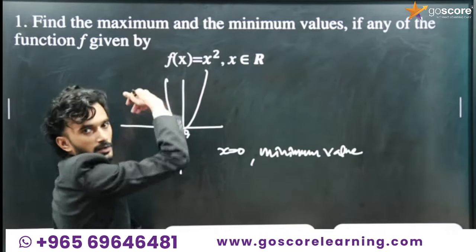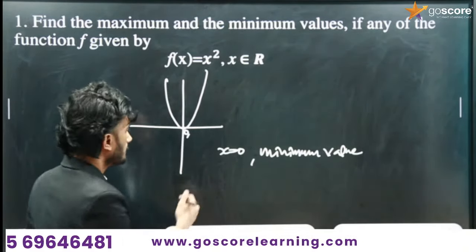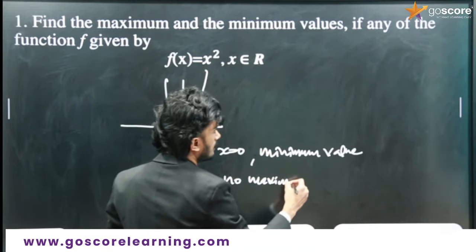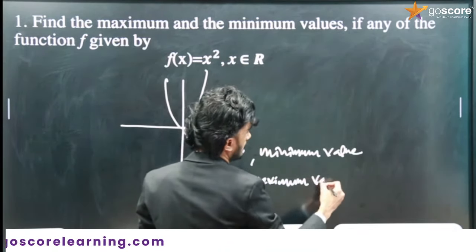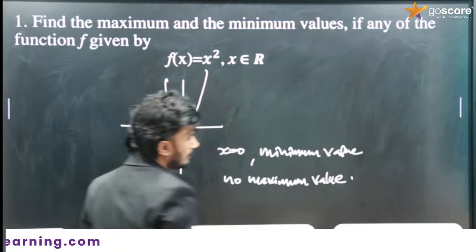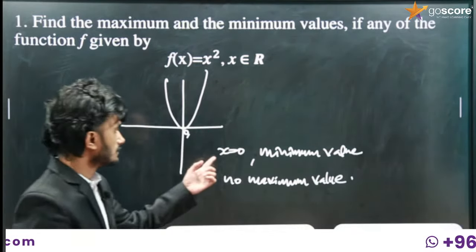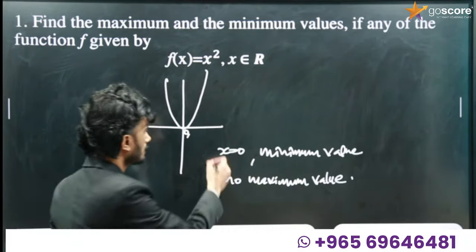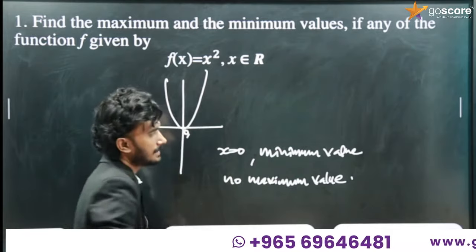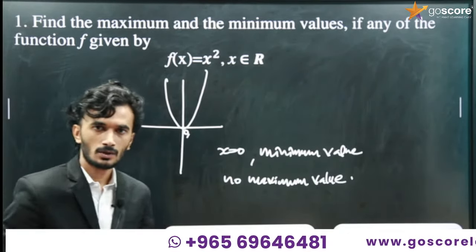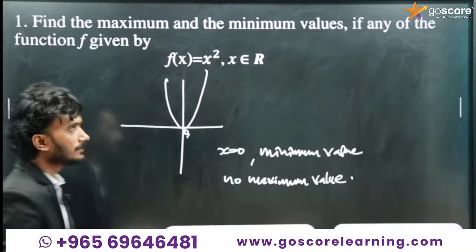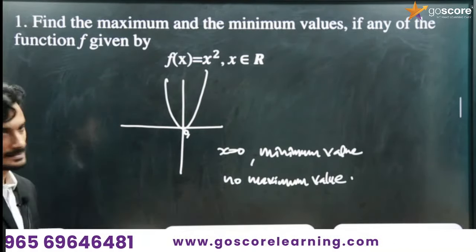It is going on, so there is no maximum value. We will get 0 as the minimum value at x is equal to 0, and there is no maximum value.